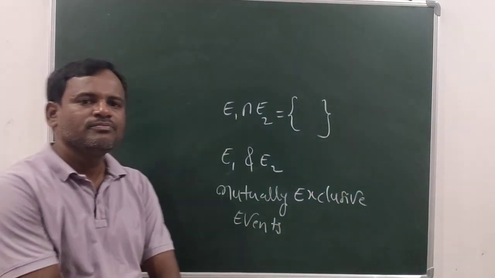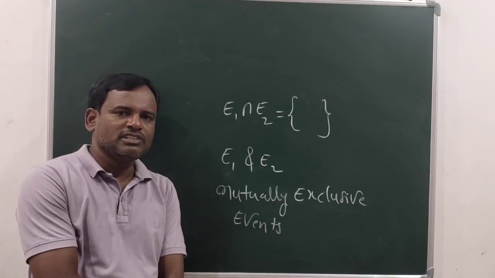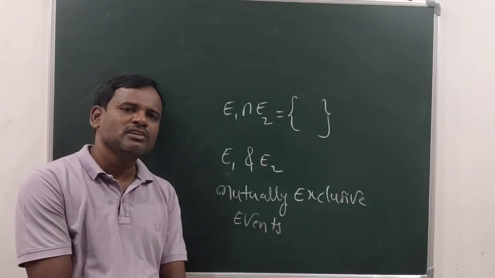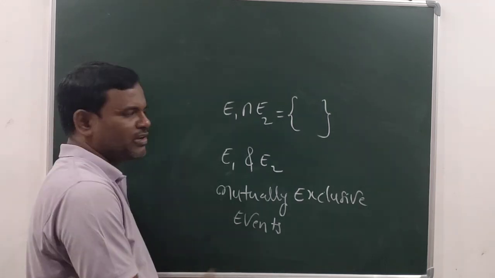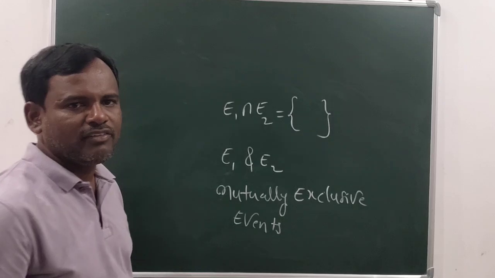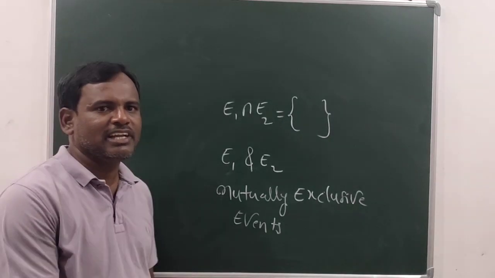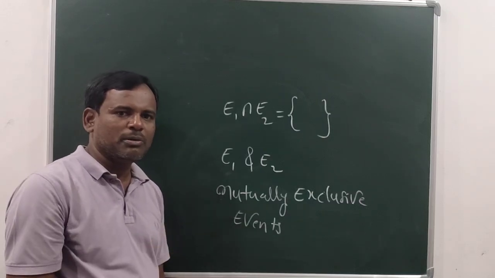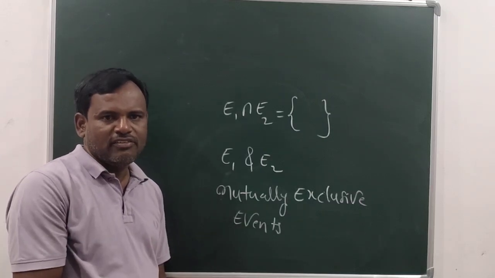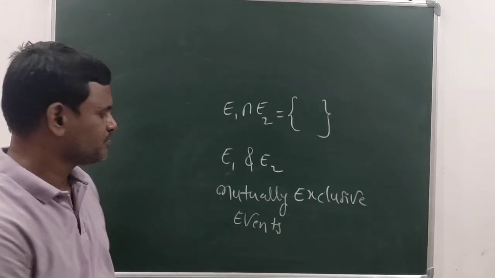Okay, students, if the intersection part of events is empty, then such events are known as mutually exclusive events. For example, you can take the previous events. E1 represents getting head, E2 represents getting tail. So there is no common part, no? Hence, those events are an example of mutually exclusive events.